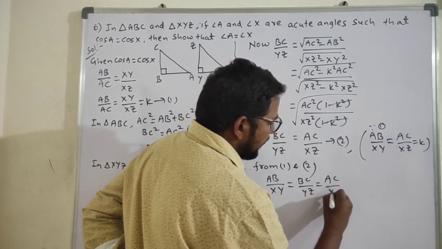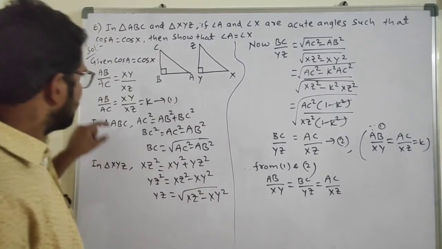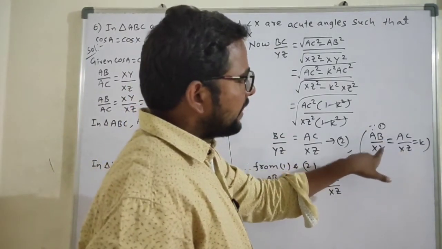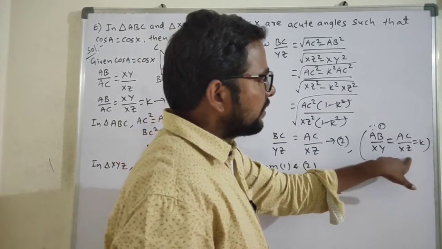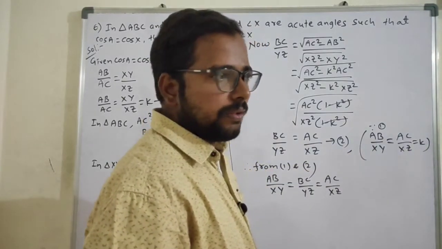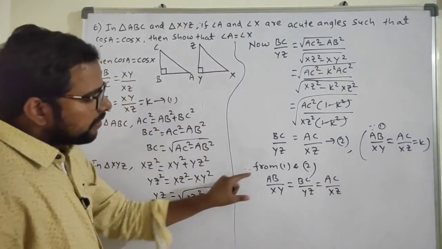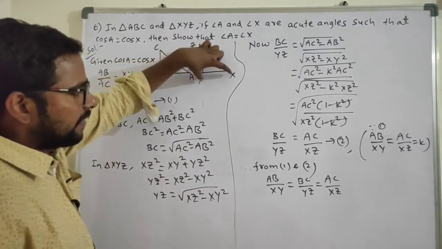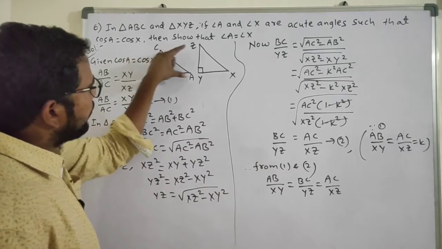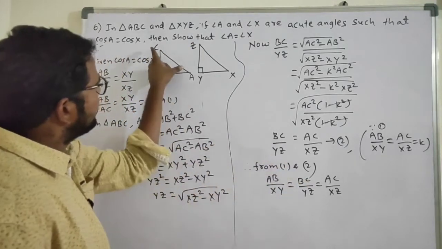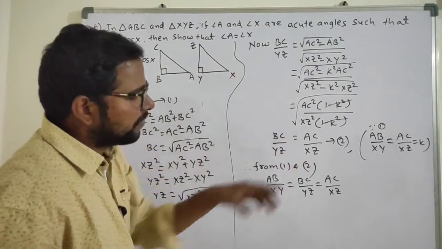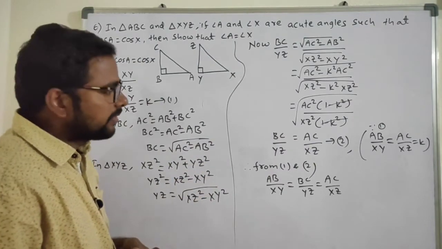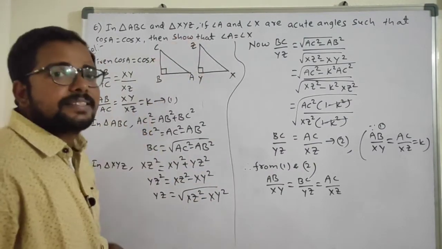We can write AB by XY is equal to AC by XZ is equal to K. Okay? So here corresponding sides are in the same ratio. 3 ratios are equal. Therefore, these two triangles are similar.